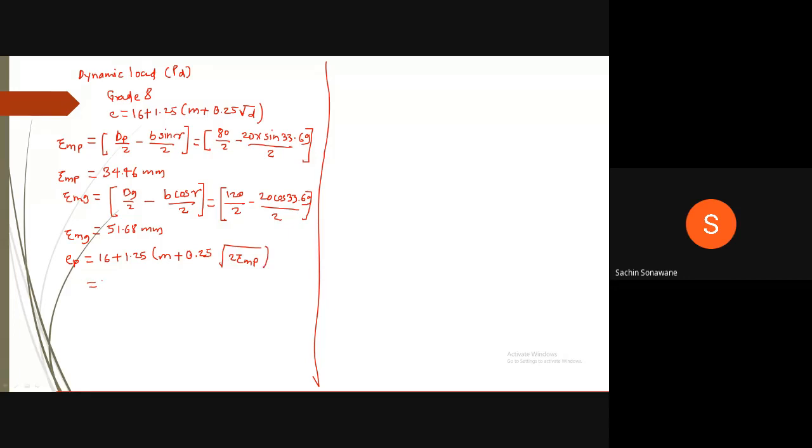Therefore, substitute the values: 16 plus 1.25 into bracket m means 4 plus 0.25 into square root of 2 into 34.46. Therefore, EP is equal to, calculate error for pinion in microns. Afterwards, you have to write it in mm.